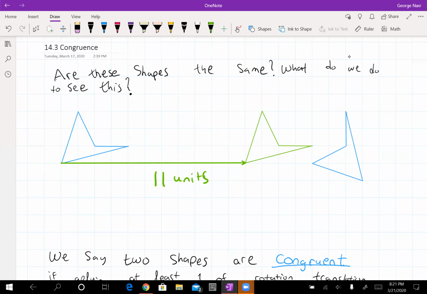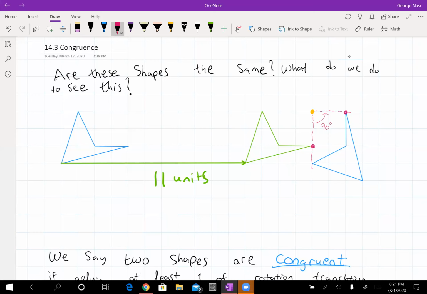Okay, now what do we do? So here's what I claim. I claim I can treat this as the center of rotation for a 90-degree rotation. So when I do this, of course, a vertical line and a horizontal line, those meet at a 90-degree angle. So when I rotate, this point right here will end up over here.